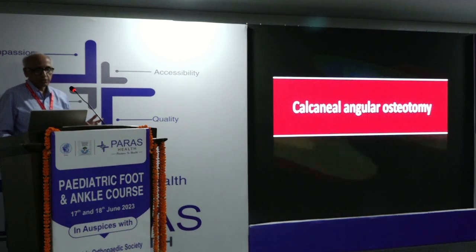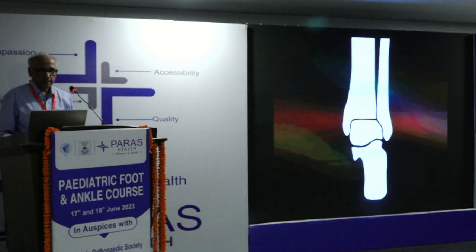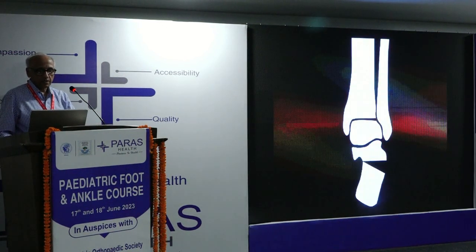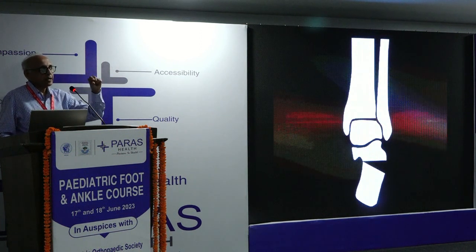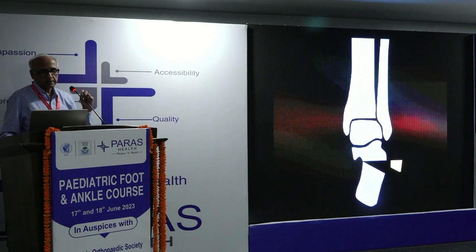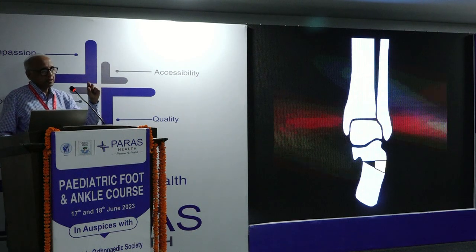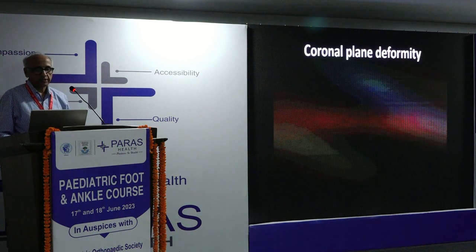We can also carry out a calcaneal angular correction, in which we take out the wedge, cut the bone, rotate the distal fragment and put a graft in the gap. So these are the options available to us for correction of the deformity.